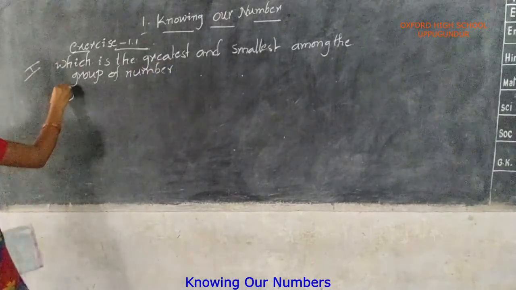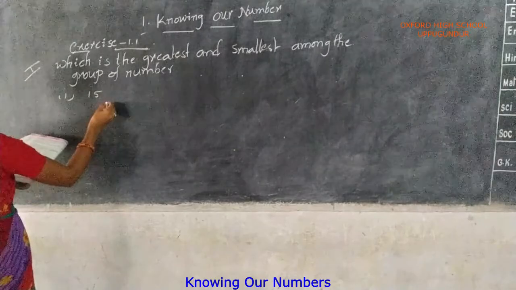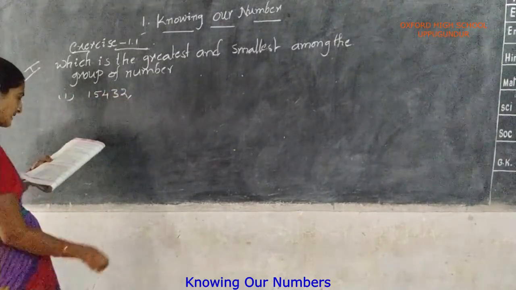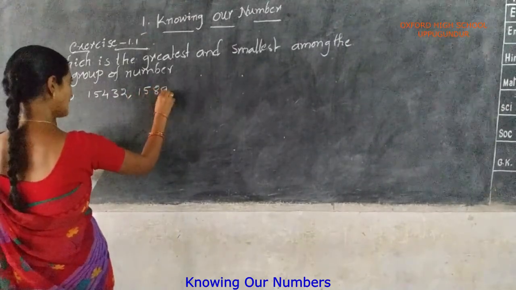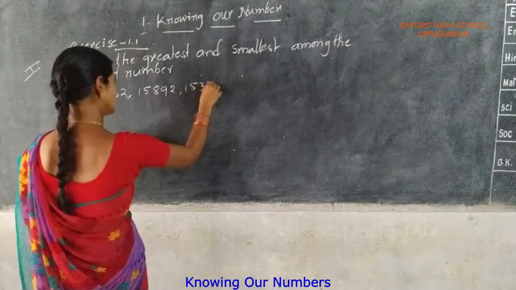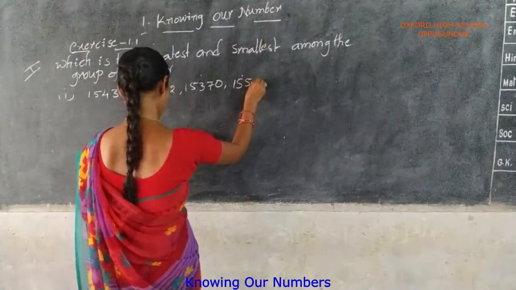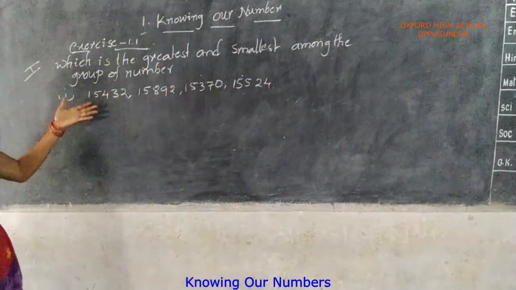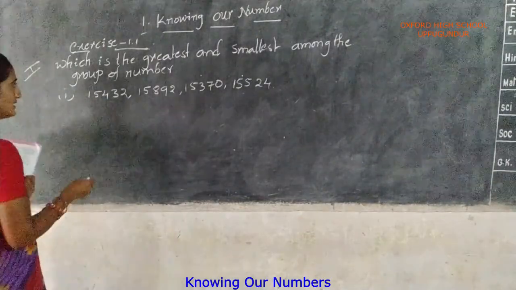First one is 15,432. Second one is 15,892. 15,370. 15,524. This is a group of numbers. Which is greatest and which is smallest?